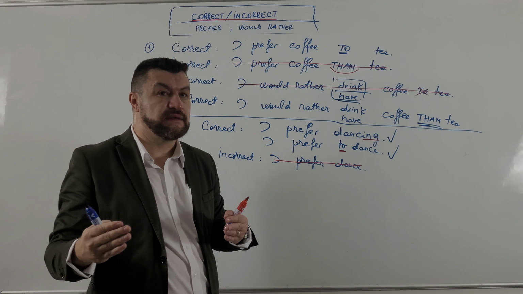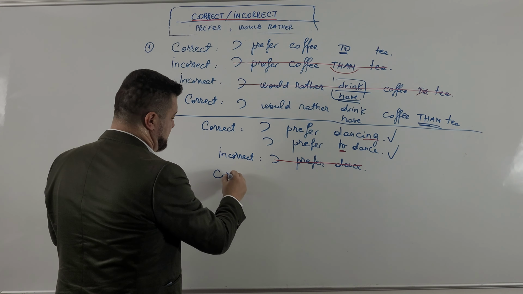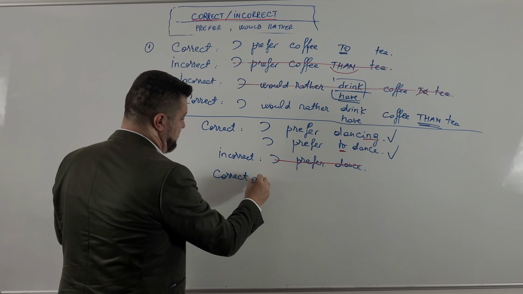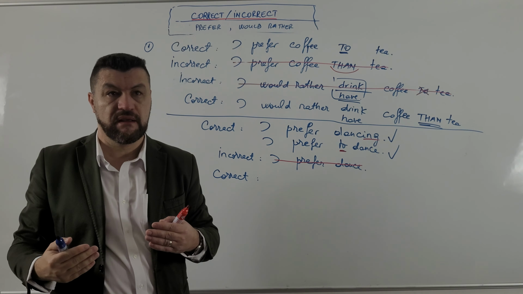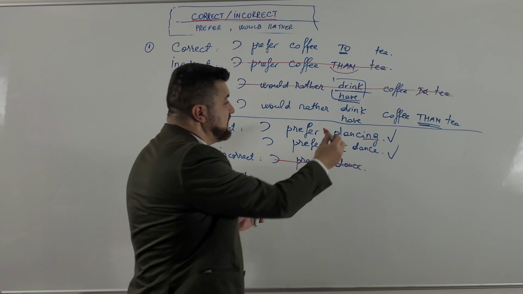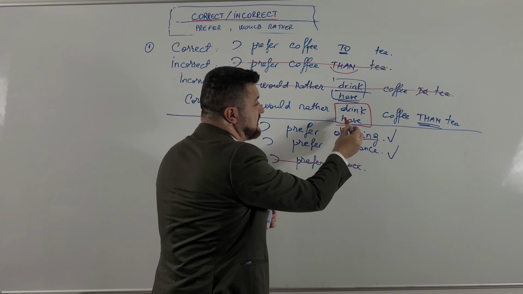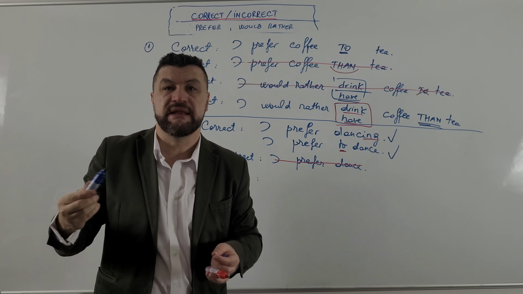When you use would rather, this is most difficult. But if you get very well this concept that would rather has a short infinitive, so the verb without the particle to, the verb without the ending ing.